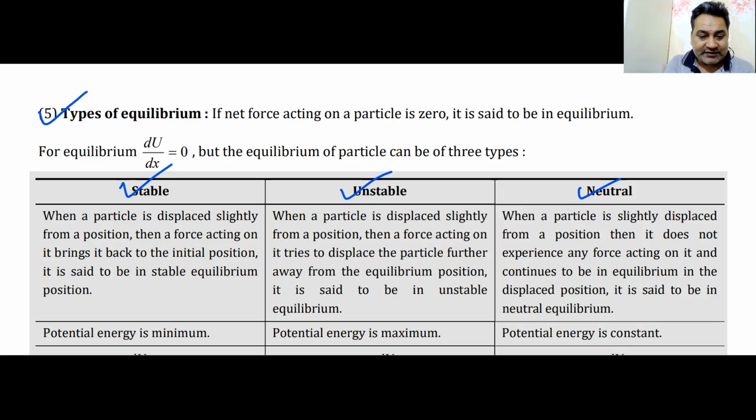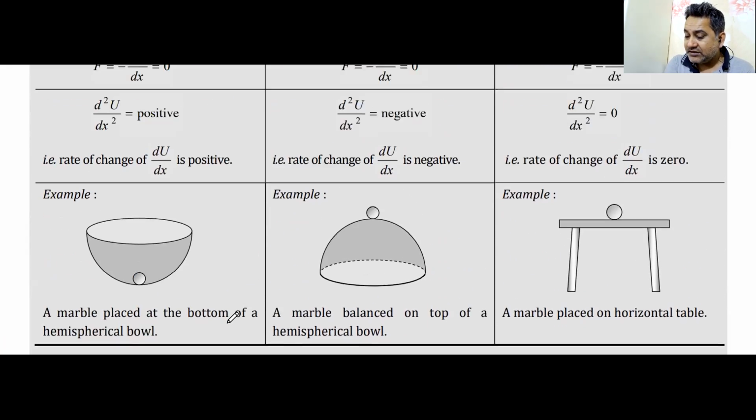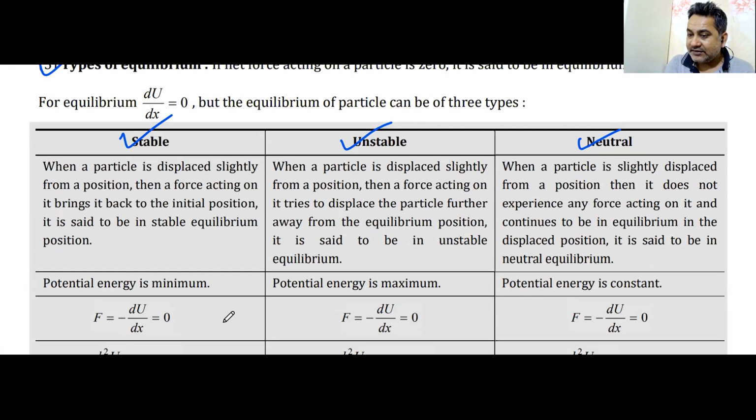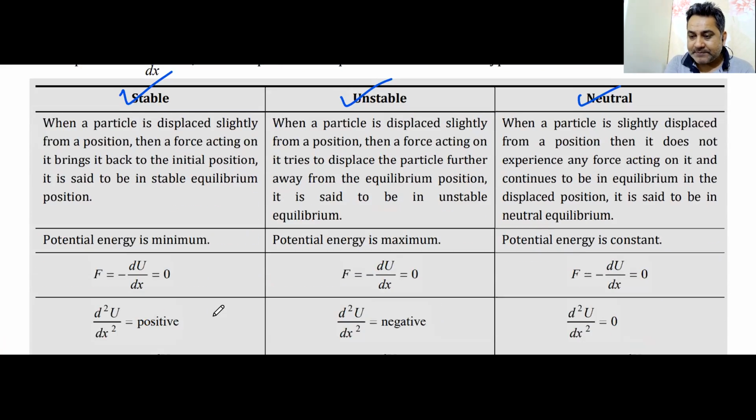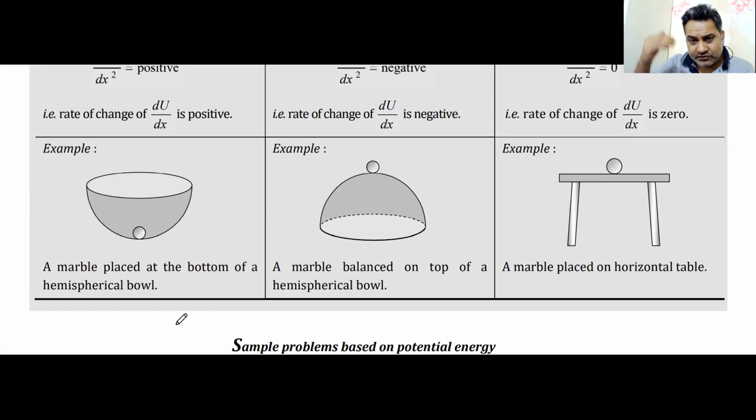As you can see, it's a big table which explains everything about these equilibria. So what I am asking you is to write the notes on the first page and the second page up till this position. If you can write it, it would save a lot of time in the next class.